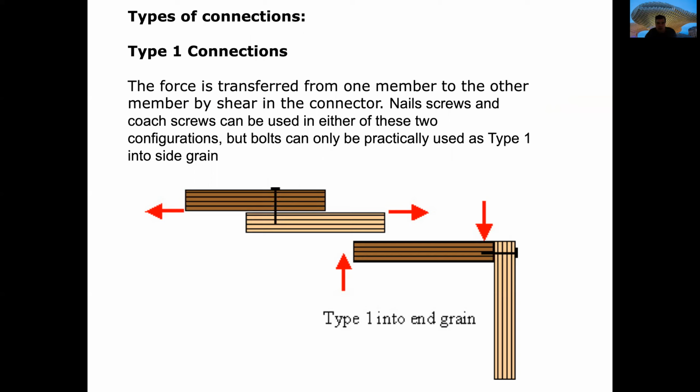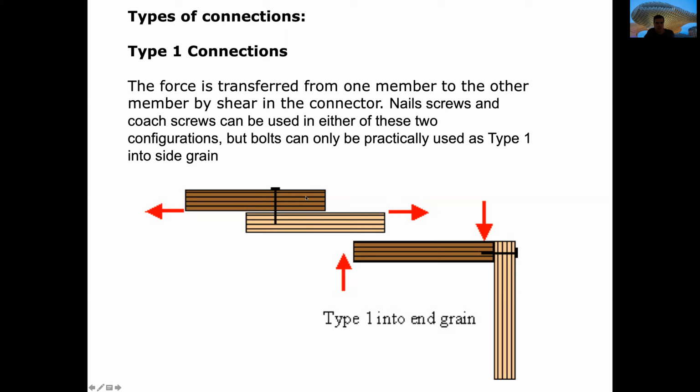The type 1 connection is a connection where we have shear in the element. For example, in this element on the left side, we have a nail or a connector that is putting together the above and below elements of wood.